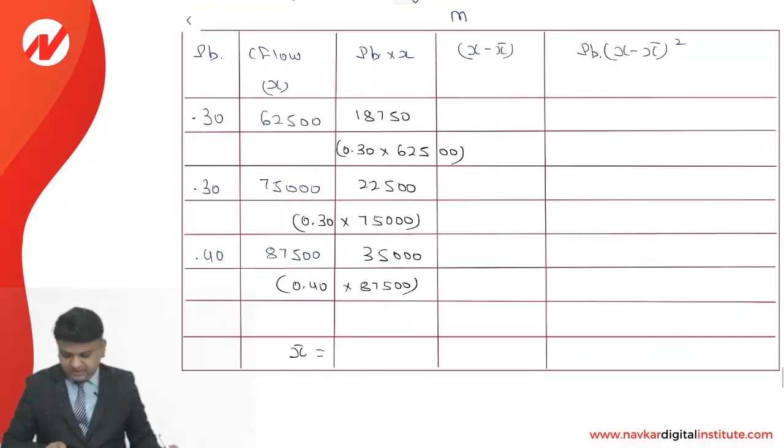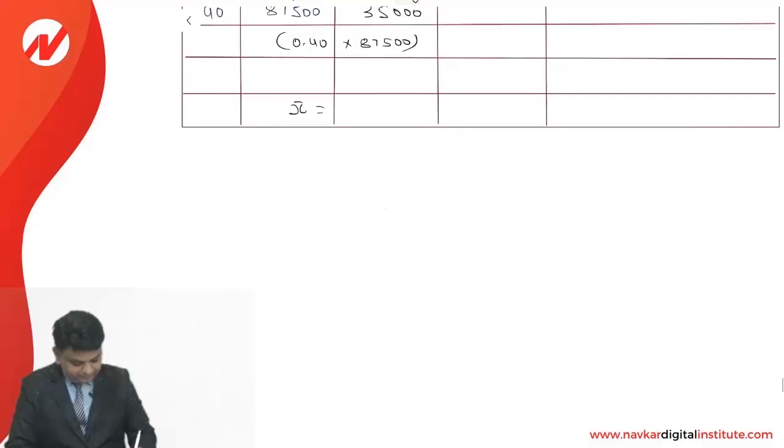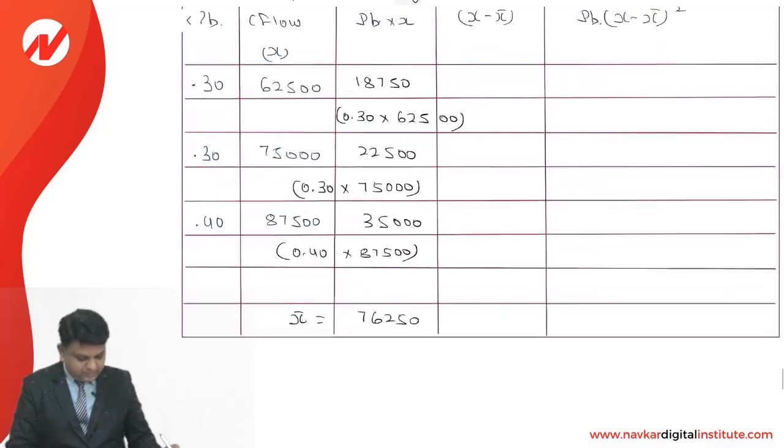X bar, that is the mean value, it is 76,250. That is the way mean value can be found: 18,750 plus 22,500 plus 35,000.